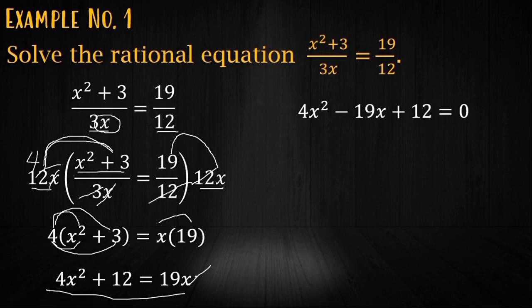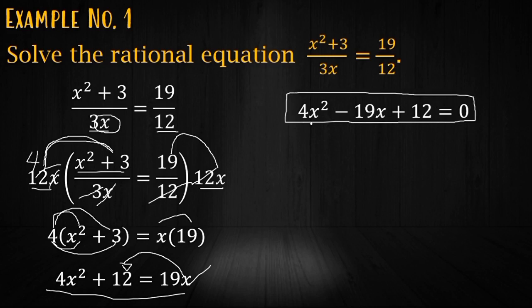From this equation, we applied the addition property of equality, or we just simply transpose 19x to the left side of the equation. Hence, we have 4x squared minus 19x plus 12 equals 0. Next, since we have the standard form of the quadratic equation, we can now solve this using factoring, extracting the square root, completing the square, or the quadratic formula.